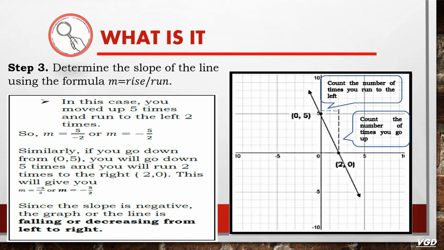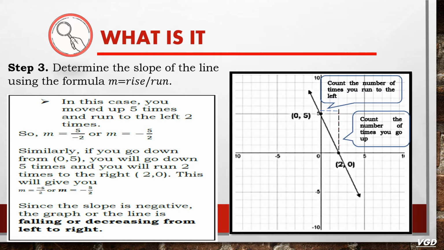So here, from 2, 0, we go up, since it is positive. Since it is rise over run, not run over rise, we need to rise until we reach the point 0, 5. So from 2, 0, we go up 1, 2, 3, 4, and 5. So that's for the rise.